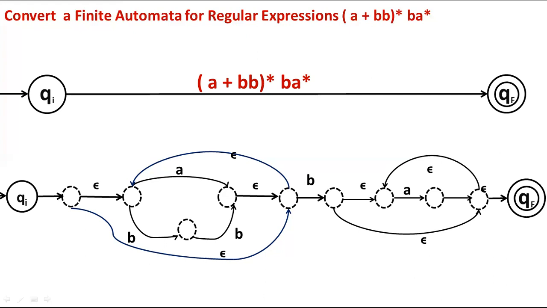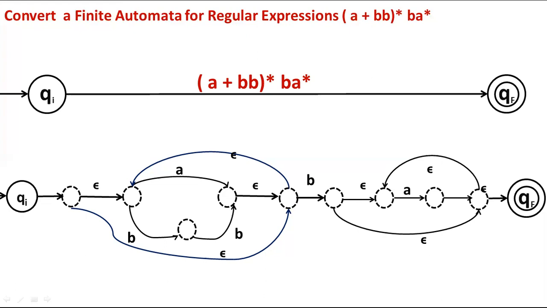The finite automata is nothing but it can be either a non-deterministic finite automata or a deterministic finite automata. If in your exams, they ask you to convert that into a finite automata, you can leave it like this. Or sometimes they will give a regular expression and ask you to convert to deterministic finite automata.